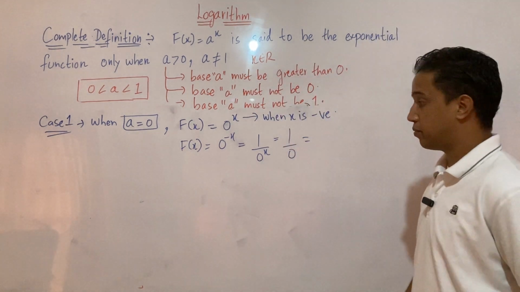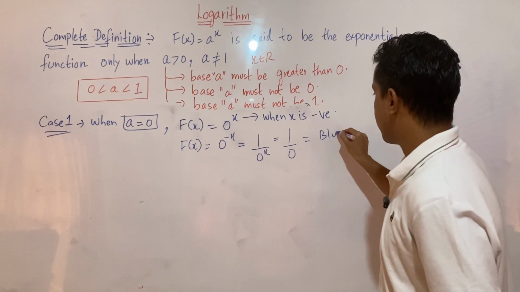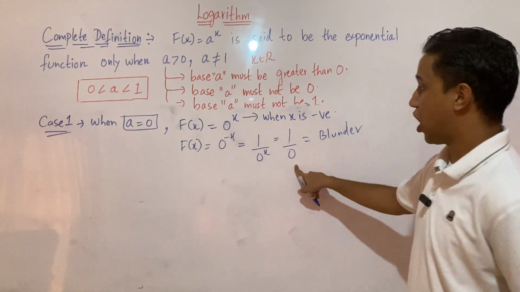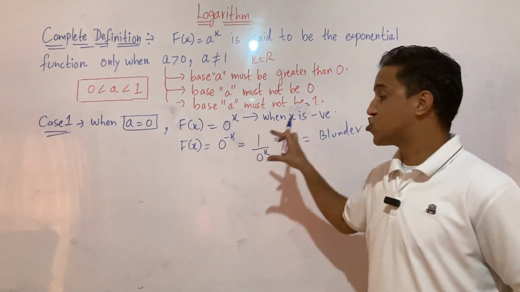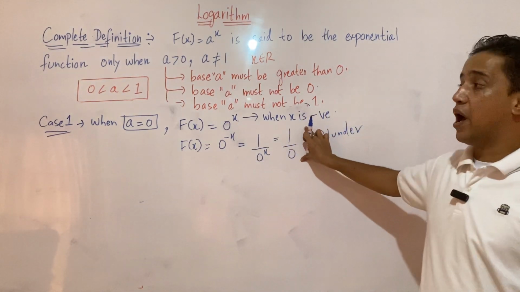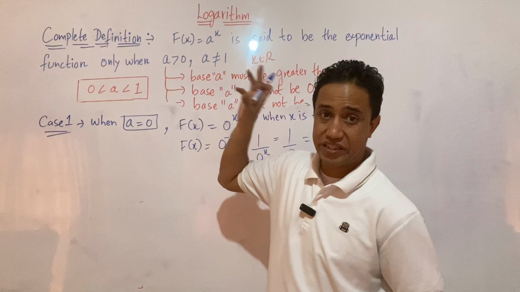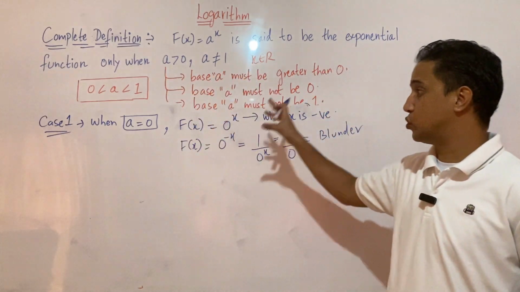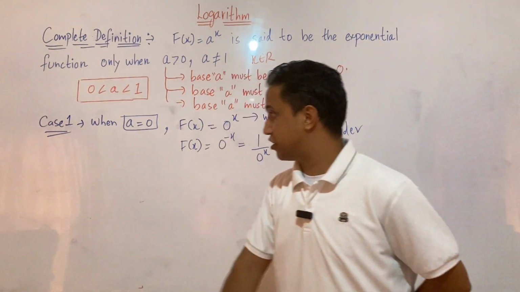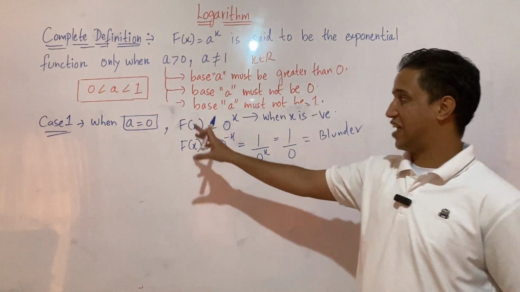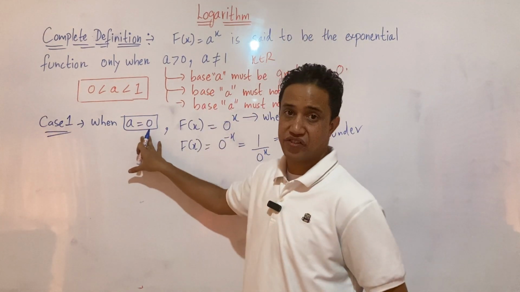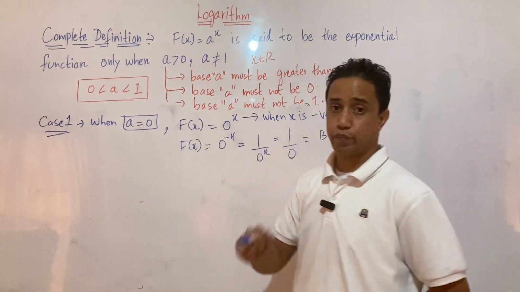This is the biggest blunder in math. So just to avoid this, we have to make the condition while defining exponential functions that a cannot be 0. I hope you get it.